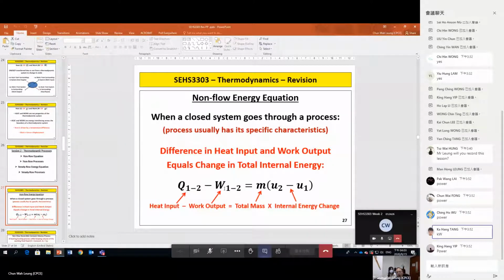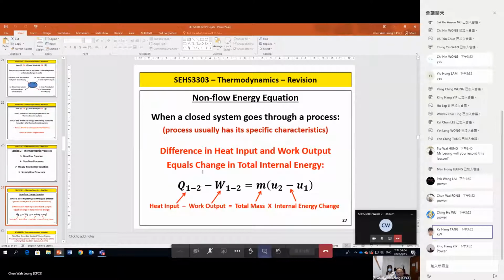We may also have work output or input, the work done from 1 to 2 throughout the whole process. So if there is a difference between them, these differences in energy, they are also energy.